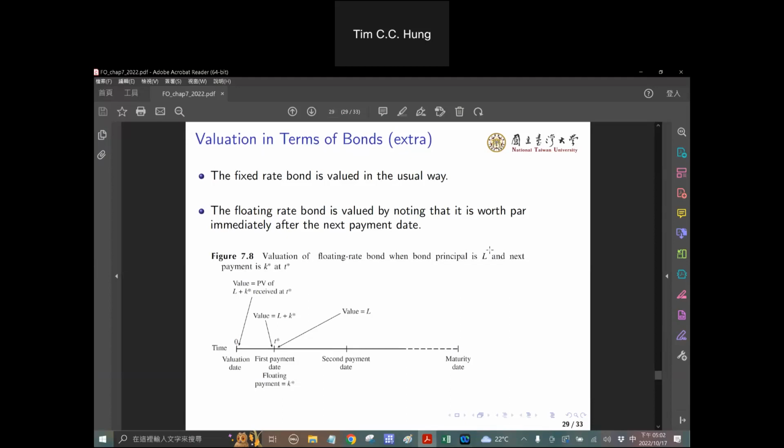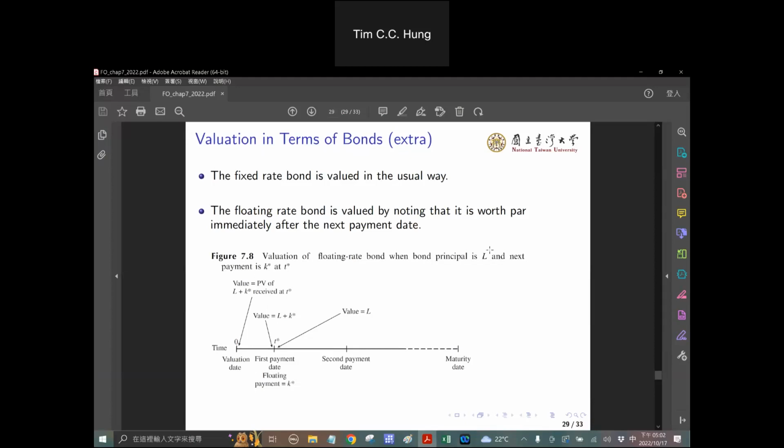So when we value a floating rate bond, we need to first look at the time when the next coupon payment will be paid, and right after the next coupon payment, you know that it will be worth its par value. We're standing at time 0, and we know that the next payment will happen at time t star.